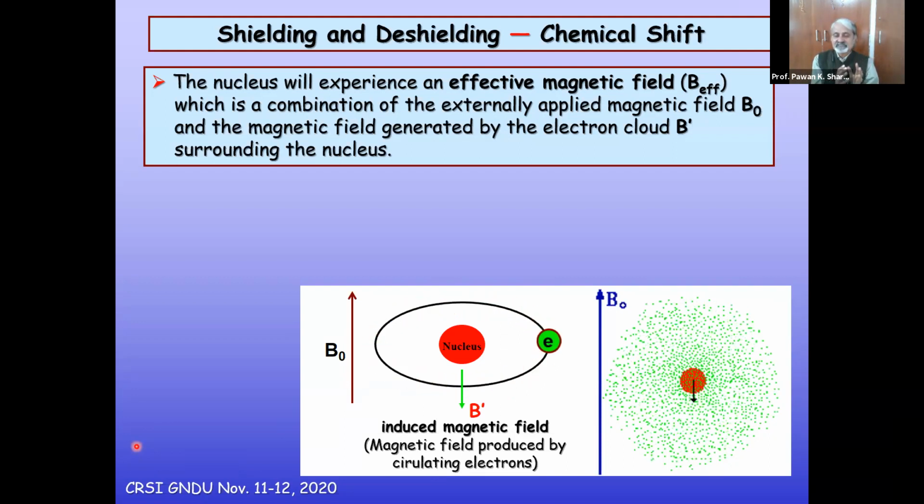Now we have come to a stage where we say B0 is the same, but the effective magnetic field felt by the nucleus would not be B0. It would be a combination of the B0 and the induced magnetic field B prime. So the electrons around the nucleus are shielding the nucleus from the full force of the applied magnetic field. That is the concept of shielding and de-shielding.